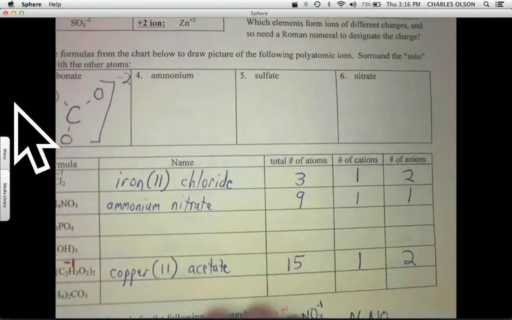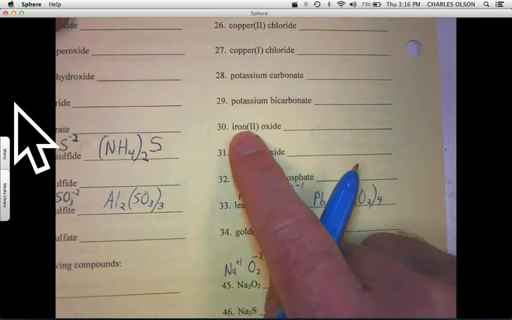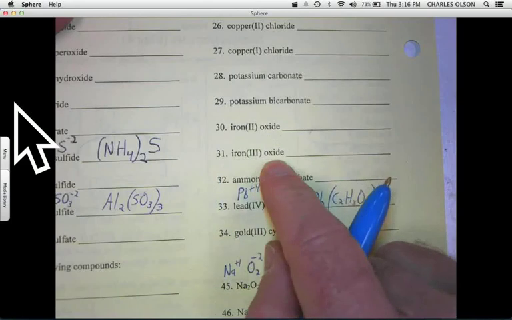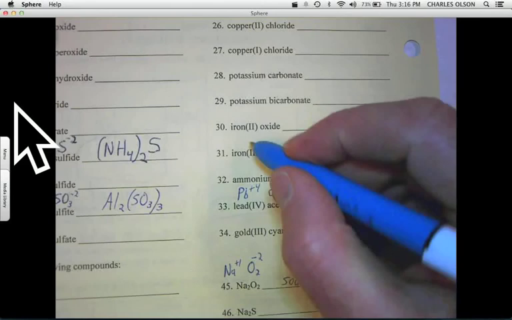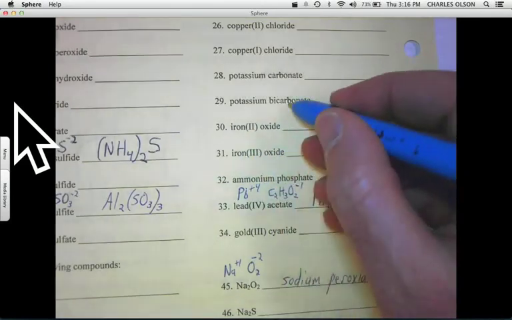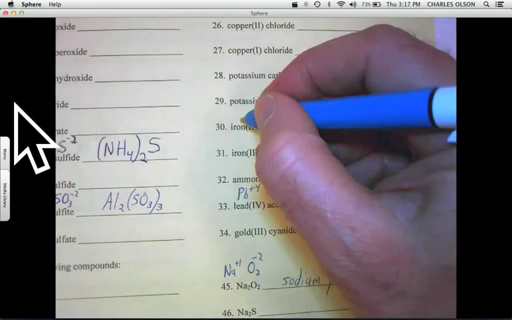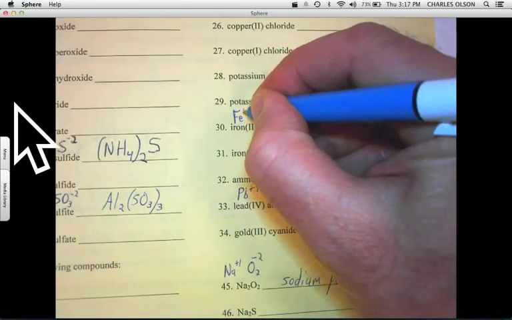Okay, let's do a couple problems from the back. How about iron 2 oxide? We also have iron 3 oxide. With these types of problems, you want to translate the names of the cations into their formula. Iron, Roman numeral 2, that's Fe +2.